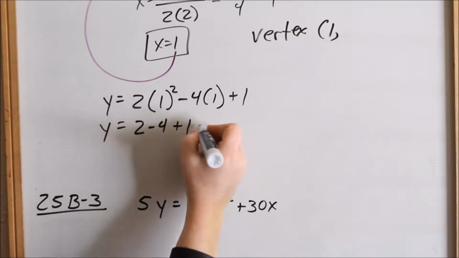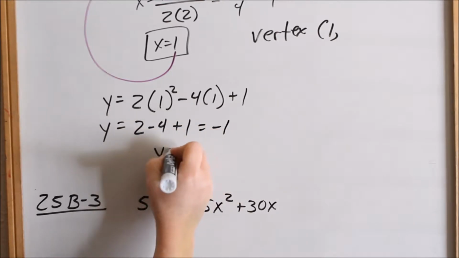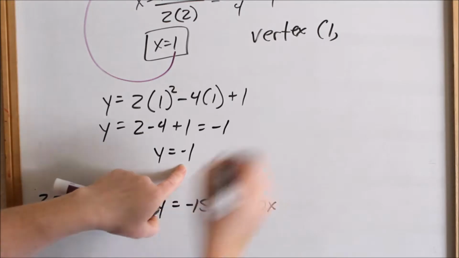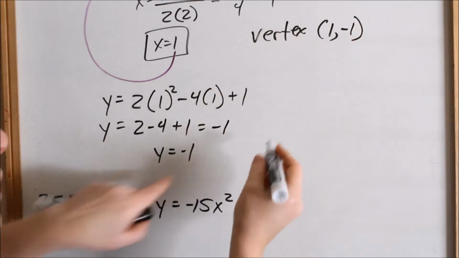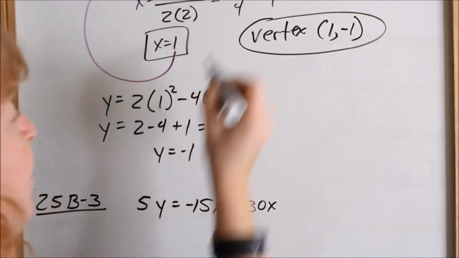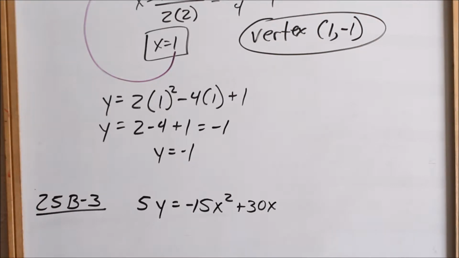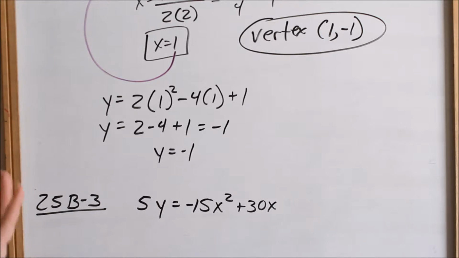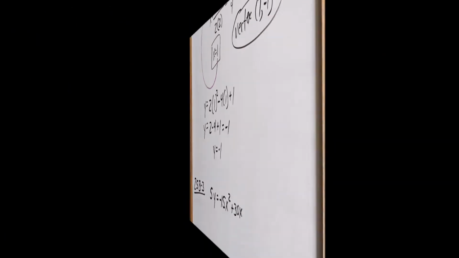Negative 2 plus 1 is negative 1. So my y value is negative 1. So I now know my y coordinate is negative 1. So I have the vertex, I have my axis of symmetry, and I know it's facing up. So I have everything that I need just to sketch a rough draft of the graph.